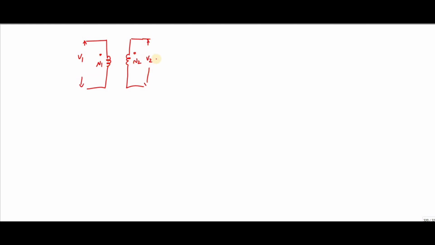In this case, I can write V2 by V1 is equal to N2 by N1. This is the first case. The second case is, if this is the case, I can write V2 by V1 is equal to minus N2 by N1.